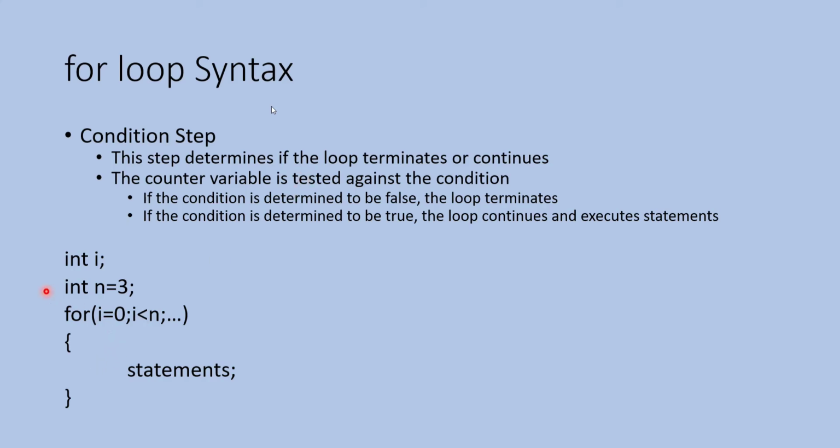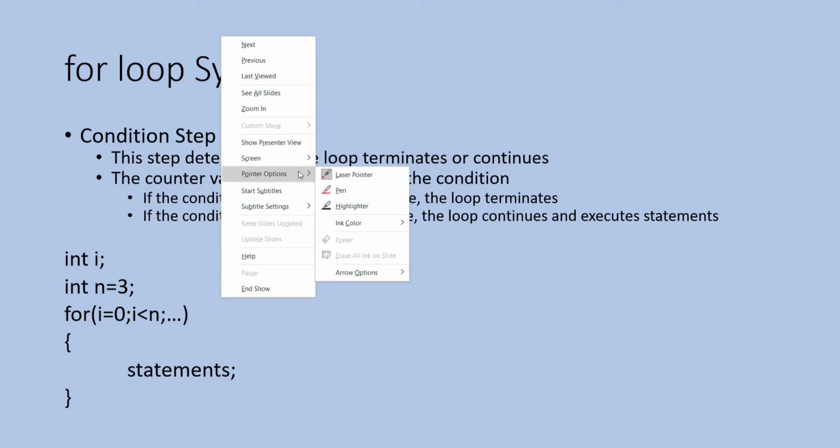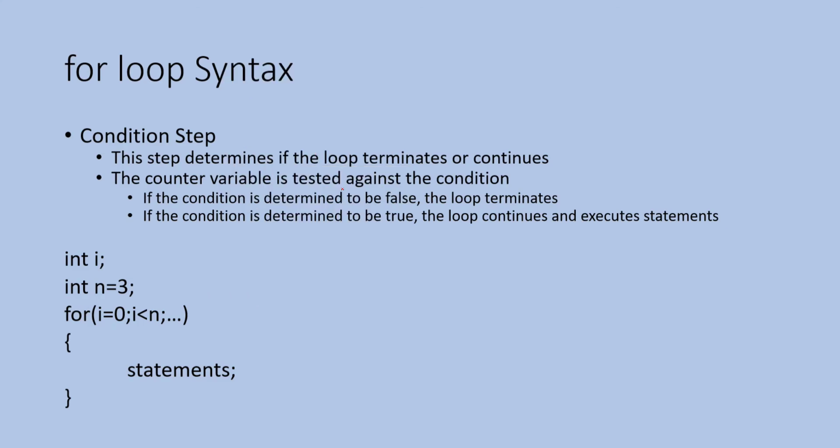So what I mean is, we're going to initialize I, right? We're going to have n equals 3. We're adding another variable, n equals 3. And then we're going to initialize I to be 0. And this step right here determines if the for loop is going to execute its statements or not.